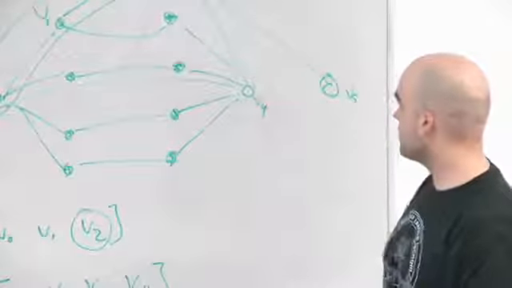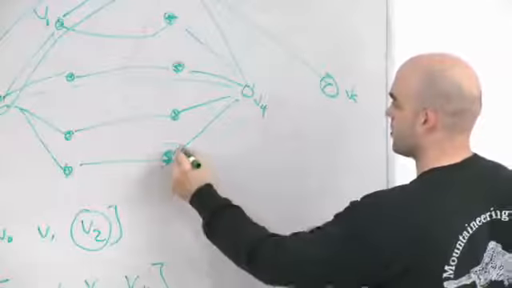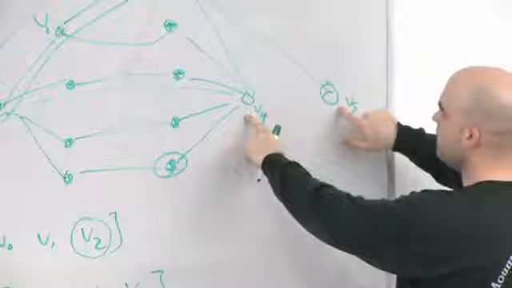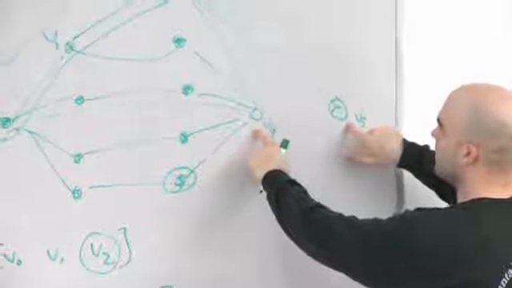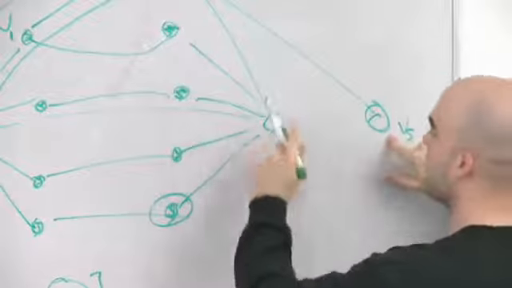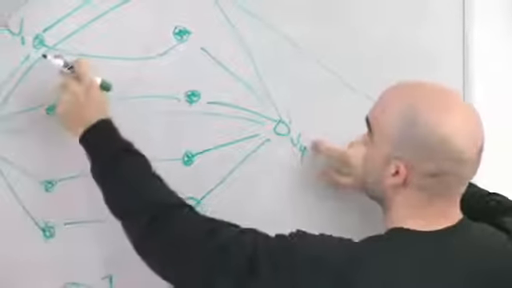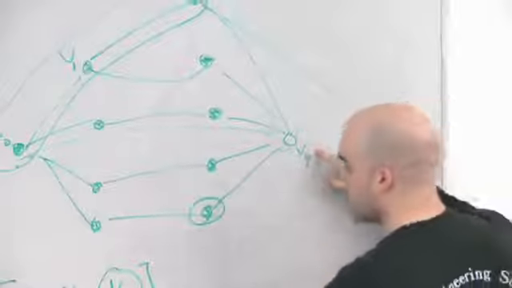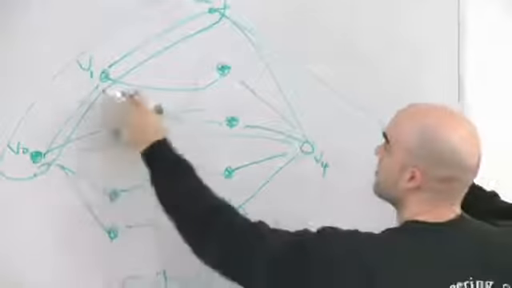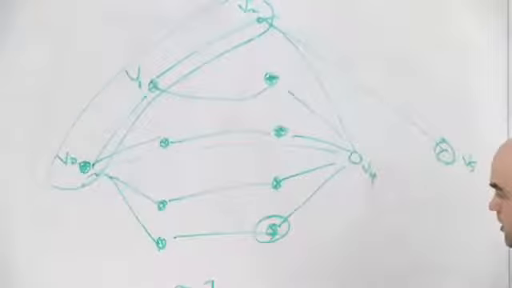And let's say that my goal node is here, and these aren't my goal nodes. So I'm going to create new partial paths. One of them is going to be V0, V1, V2, and V4, which I already have. And the other partial path is going to be V0, V1, V2, and V5.